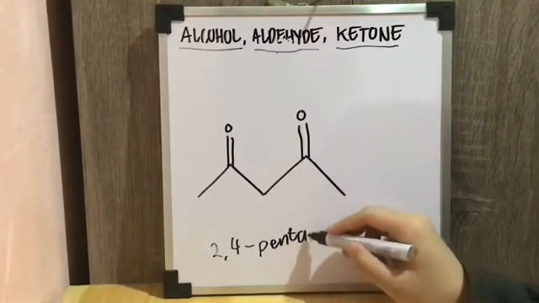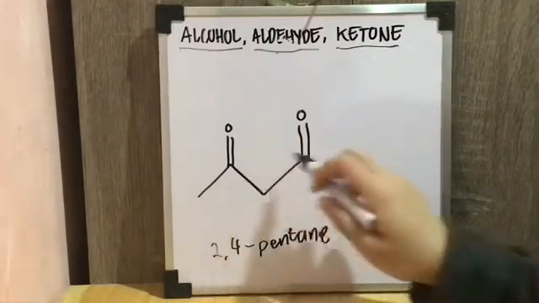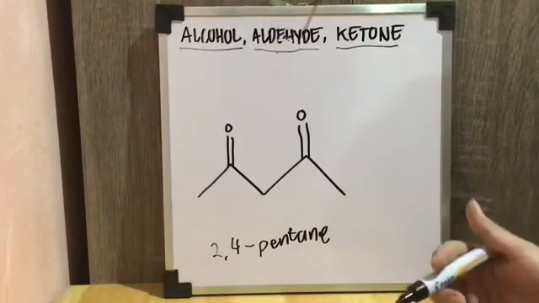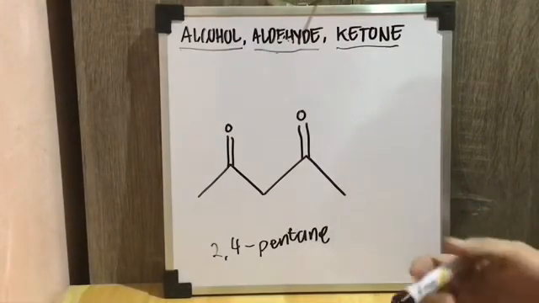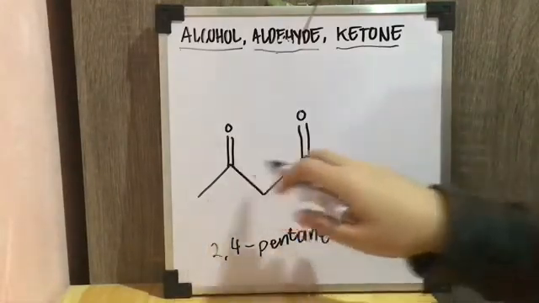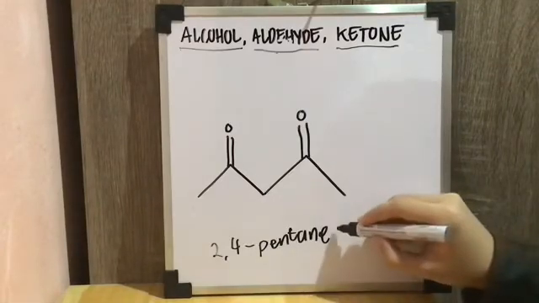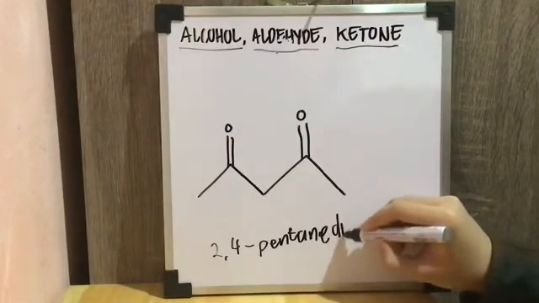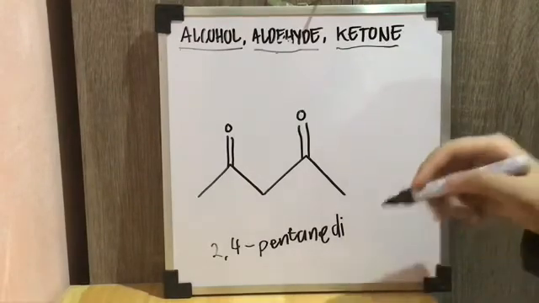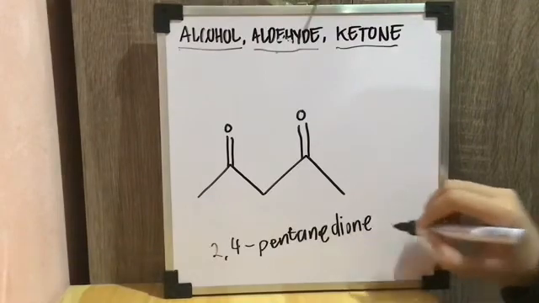Now since there are 2 attachments there, we signify that there are 2 ketone attachments by adding the prefix di, and then the main suffix that we need to use for ketone, which is one. Dione.